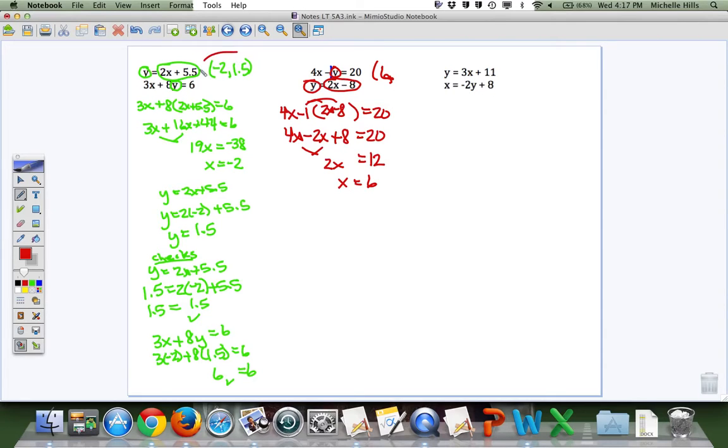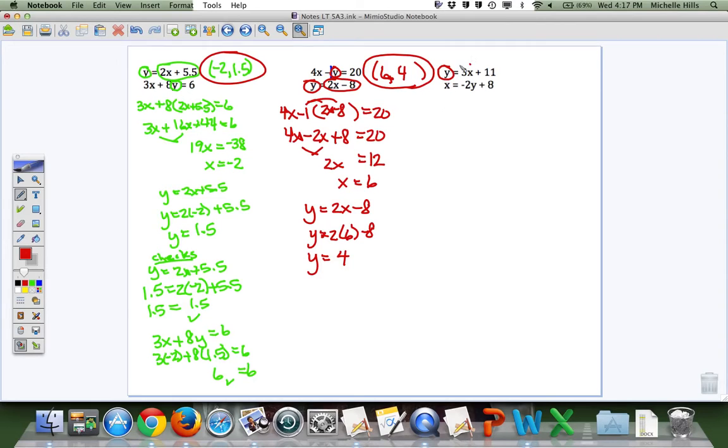I'm going to go back and circle that previous answer. I know that y, looking at my equation, is 2 times x minus 8. And I now know that my x is 6. Again, pause, rewind, slow this down as you need to. So y equals 4. I don't have time to show the check on this, but if you want me to do that in class with you, I can. So the point is 6, 4.